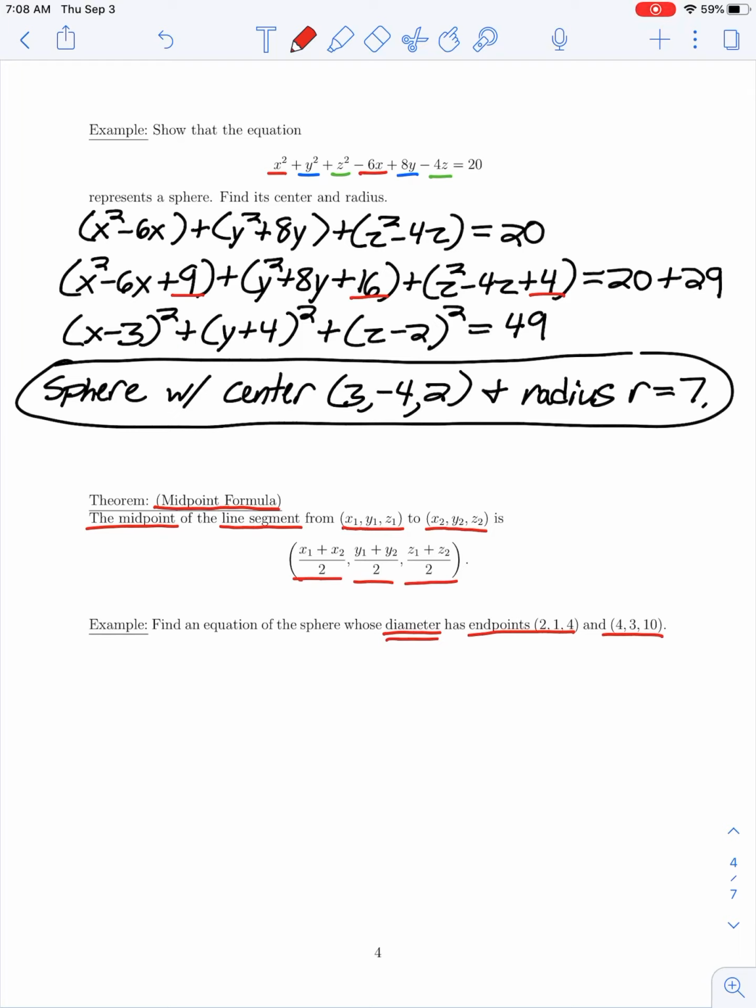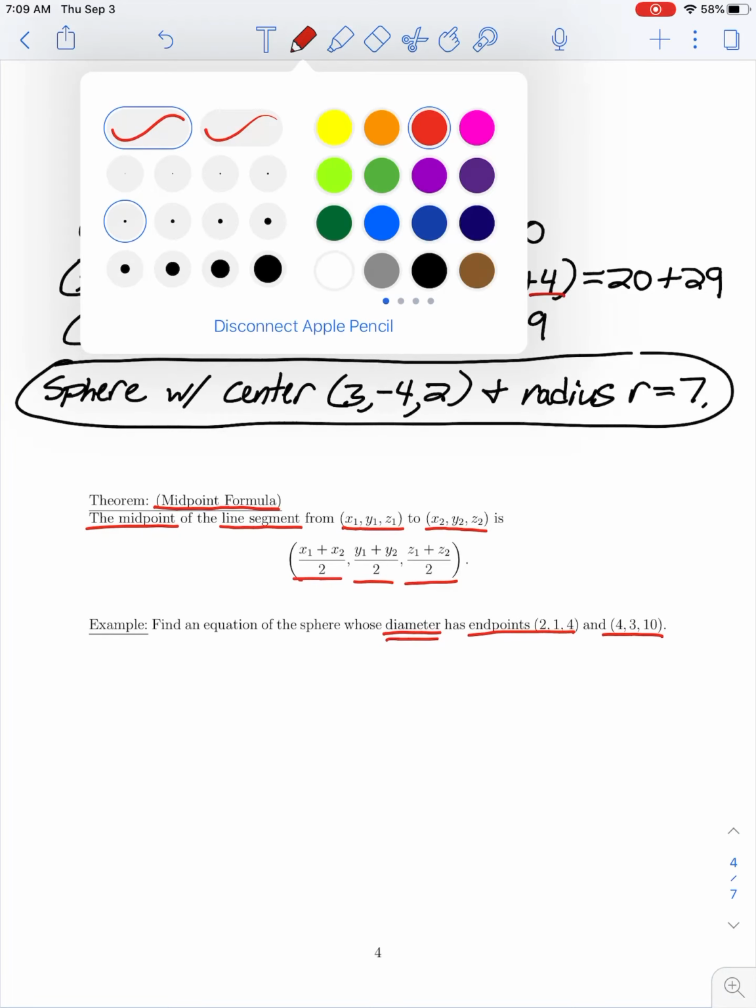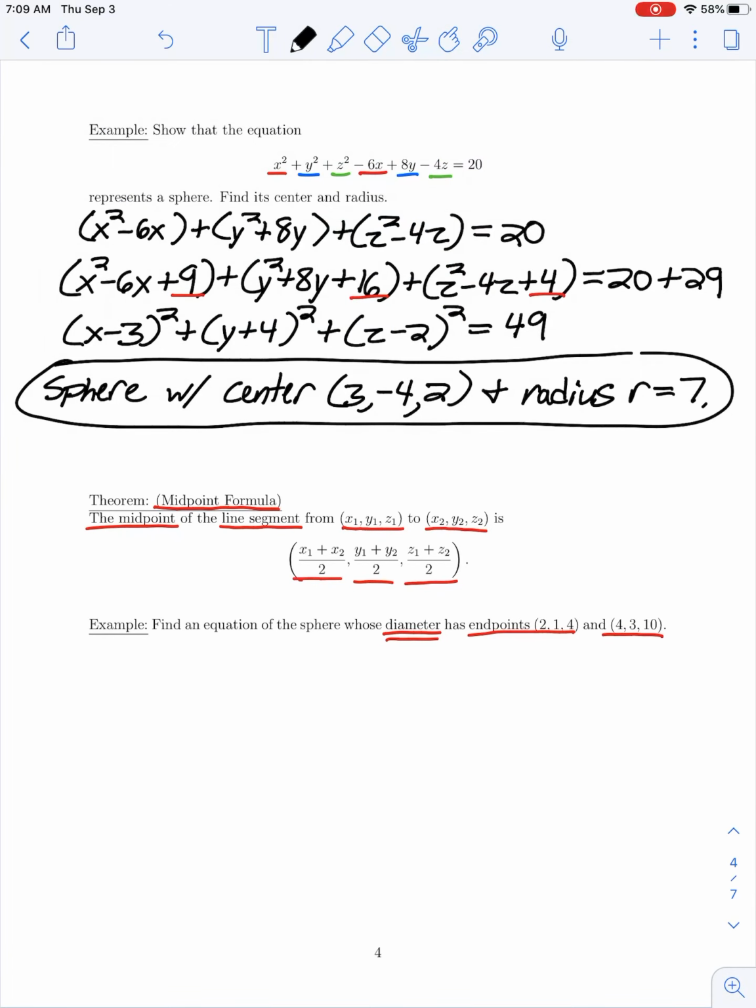Now, how can we find that here? Well, we're given the endpoints of one diameter of this sphere. So if we look at the midpoint of the line segment connecting those 2 points, that would be the midpoint of the diameter of our sphere, we would have the center of our sphere. So let's start by finding that center.